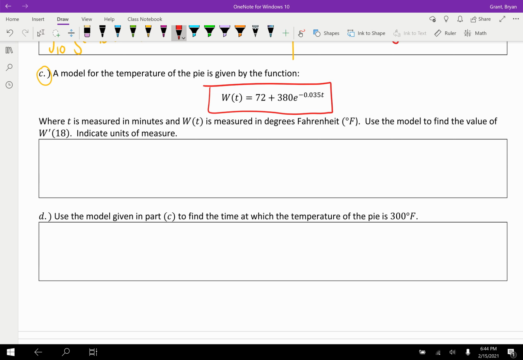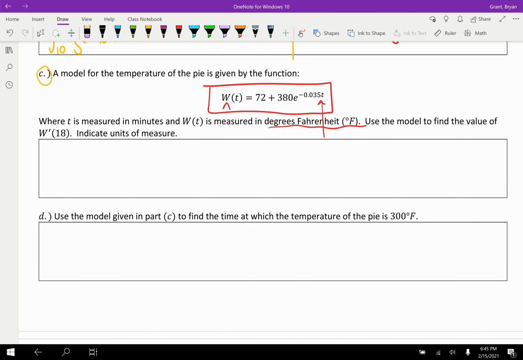They're asking when is the pizza itself 300 degrees Fahrenheit. In fact, this part uses no calculus at all because we're not changing our units. They gave us an equation in degrees. They want to know when is the equation 300 degrees. There's a time as an input and W is the output.